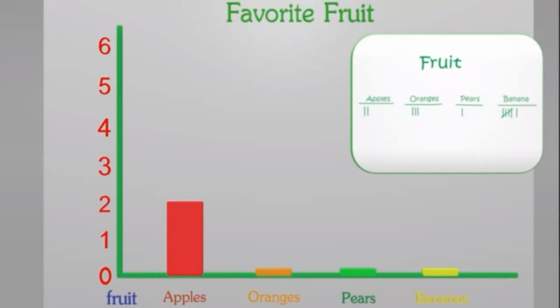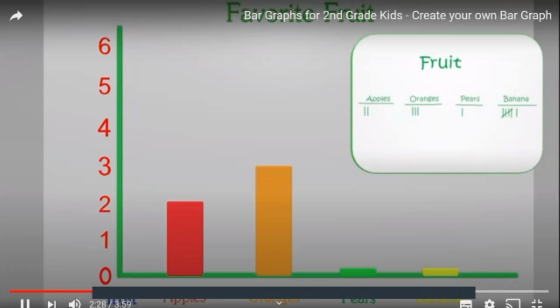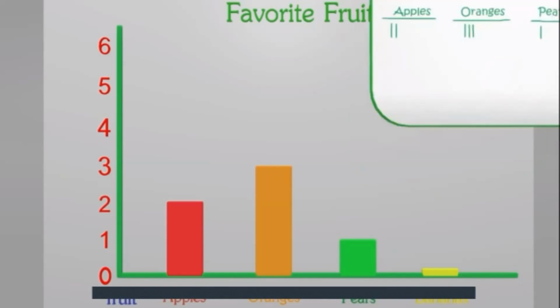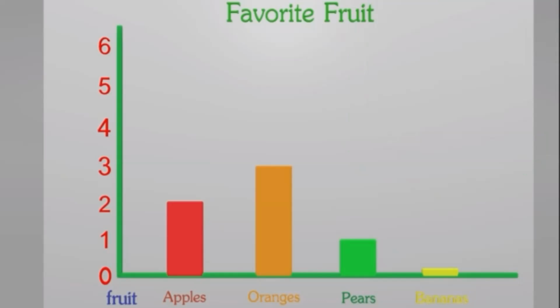Good job! 3 people liked oranges. So we move the bar up to where the 3 is. Now how many people liked pears? We had just 1 that liked pears, so the bar goes up just 1. The last one is bananas. There were 6 people that liked bananas, so the bar goes all the way up to 6.